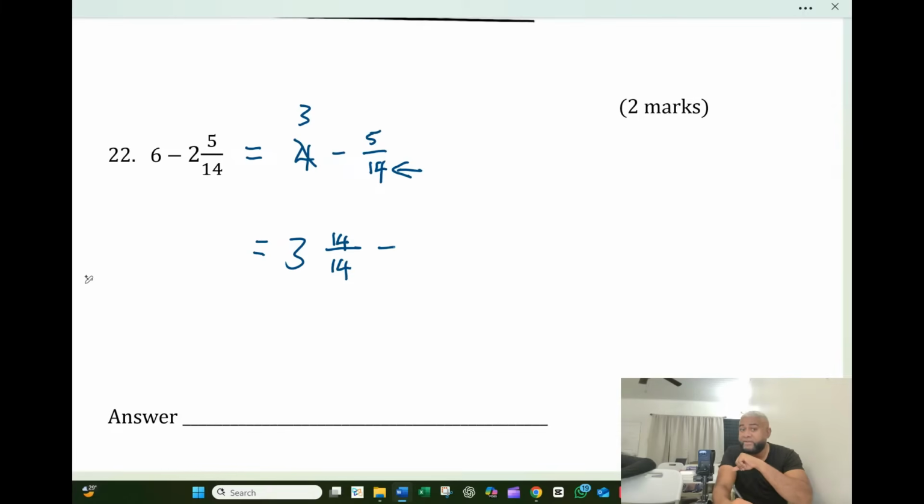Now we're going to take 5 over 14 from 14 over 14. So this will give us 3, and our denominators are the same, so we simply subtract the numerators. 5 from 14 would be 9. Everybody good here?